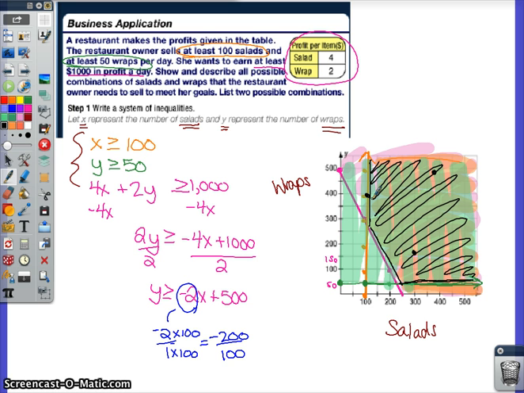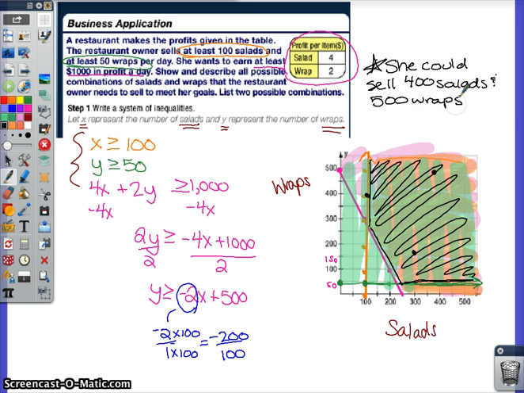So a couple solutions. She could sell 400 salads and 500 wraps.